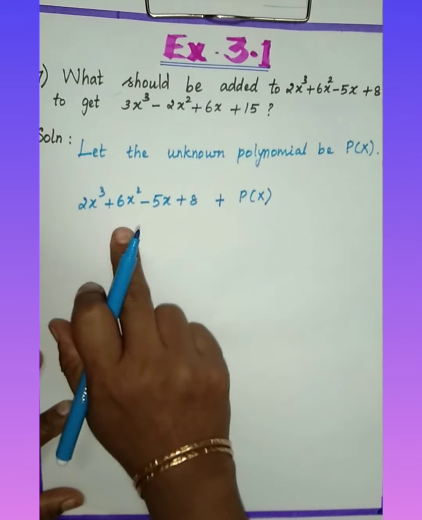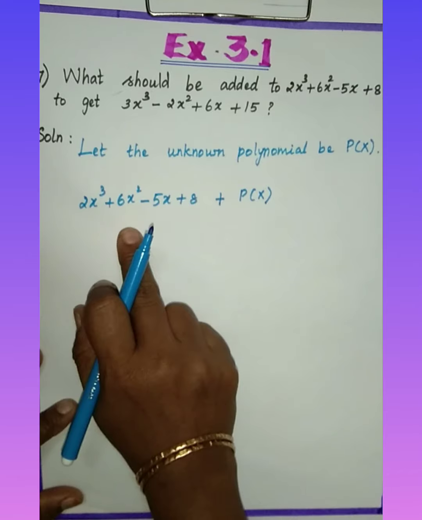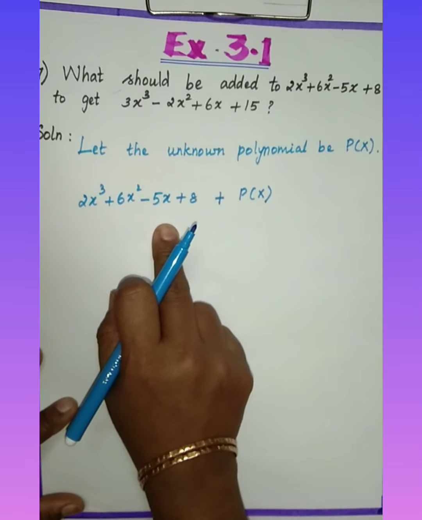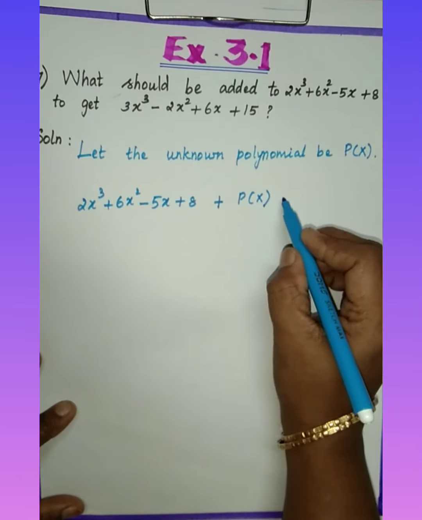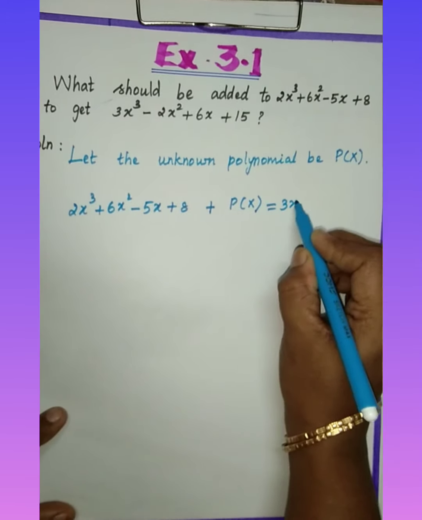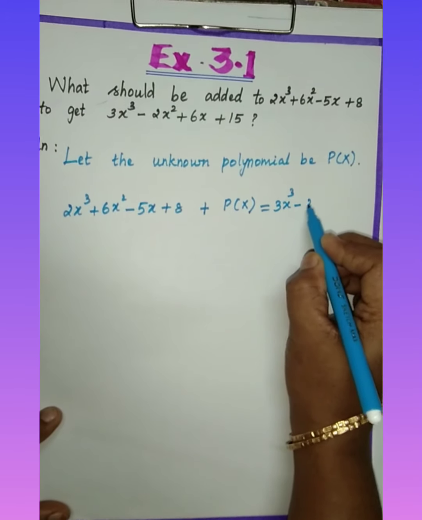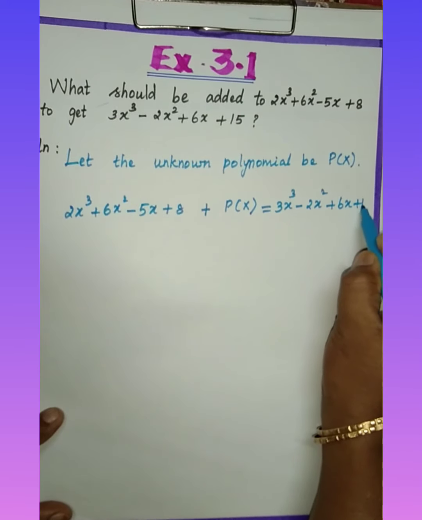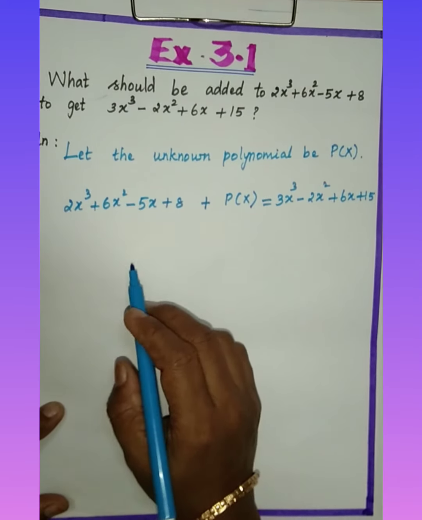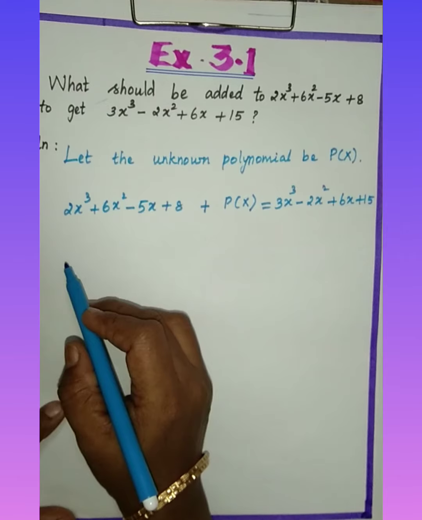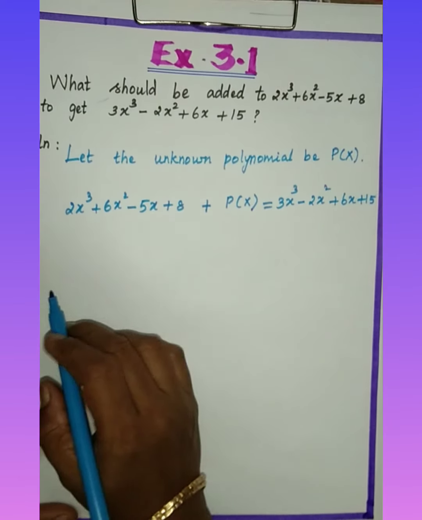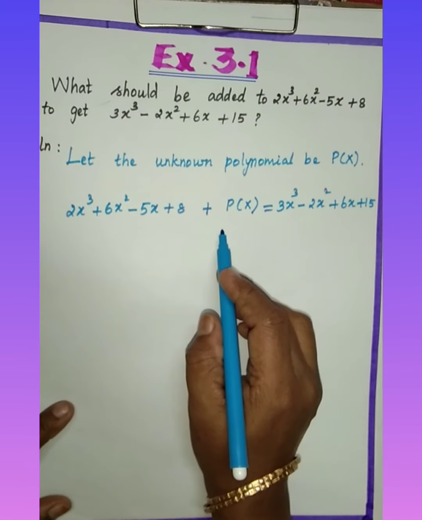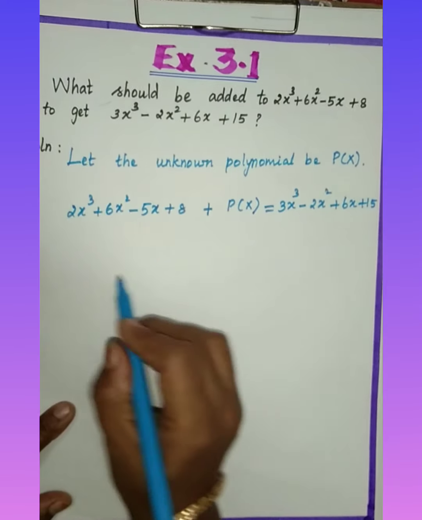What should be added to 2x power 3 plus 6x square minus 5x plus 8 to get 3x power 3 minus 2x square plus 6x plus 15. This problem also I am going to apply horizontal method. So P of x we are going to find out, that is the unknown polynomial.